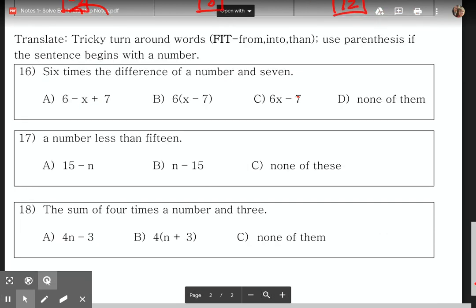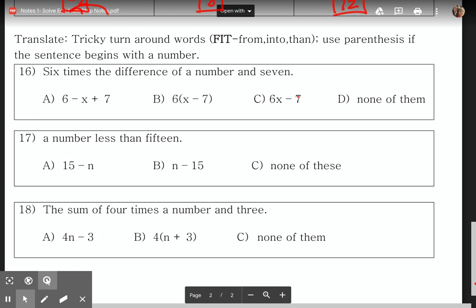The last section is on translations. One thing that you need to be aware of are the 3 tricky turnaround words: from, into, and than. And there's an acronym for it, FIT, if that helps you remember.